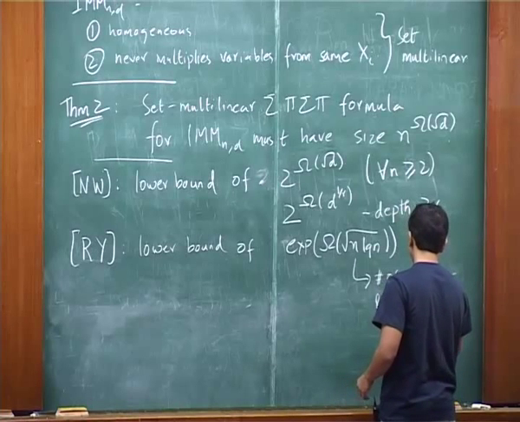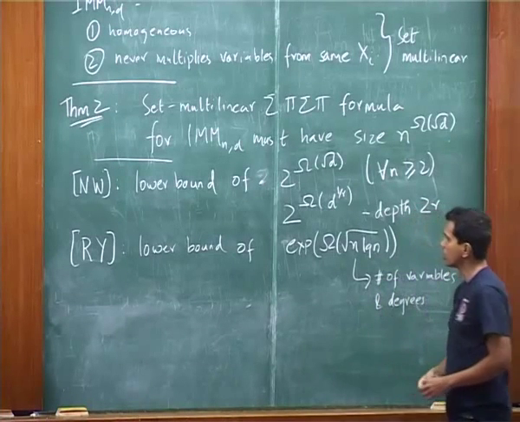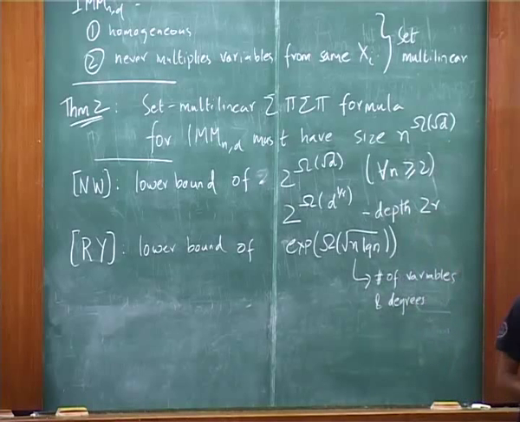So let me just say that we have a lower bound of something like this. Amir will correct me if I'm wrong. Here n is like the degree; the number of variables could be n squared or n if you're just looking for an explicit polynomial.